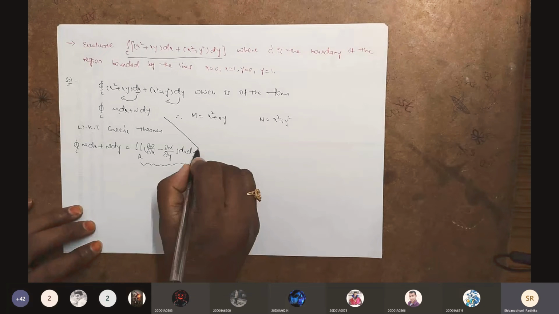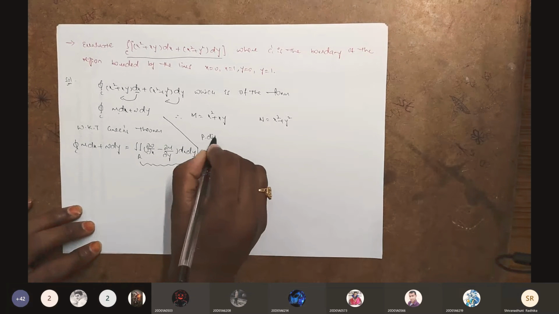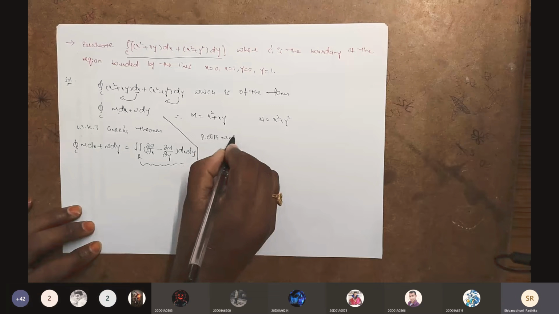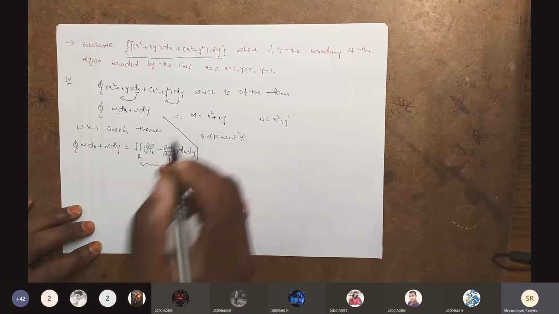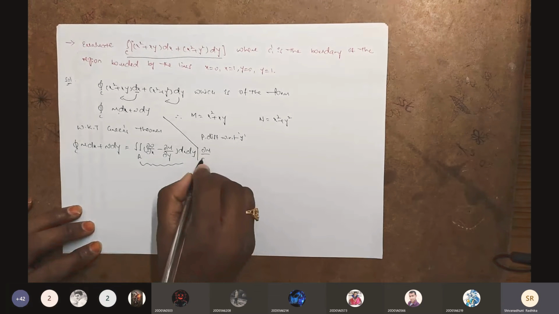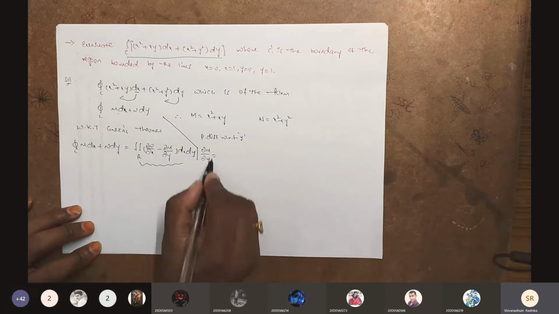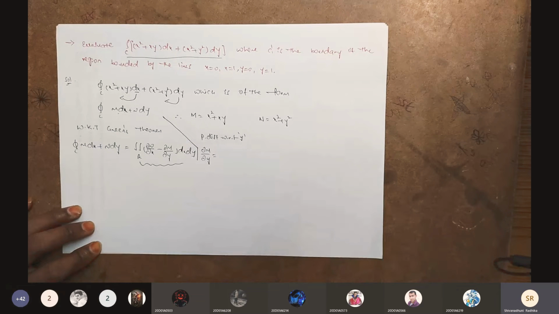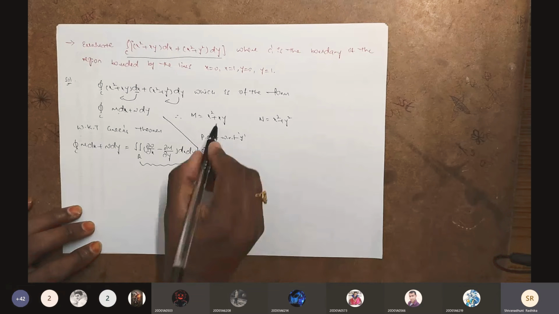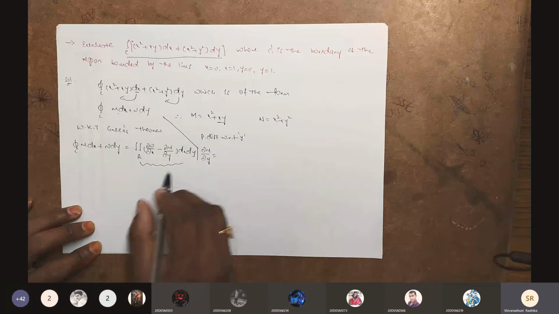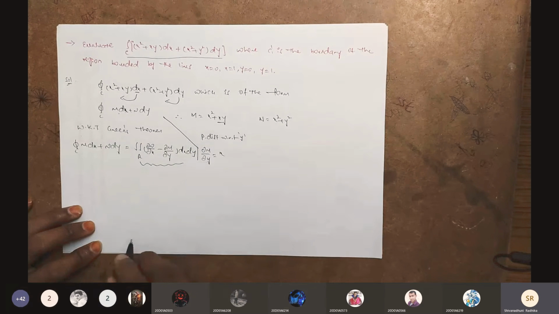For that, partially differentiating the capital M term with respect to y, dou M by dou y equals what here? With respect to y, x square is purely constant. The derivative of a constant is 0. x is a constant for the second term, x is taken outside, and y differentiating is 1.